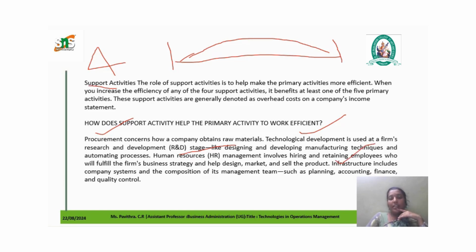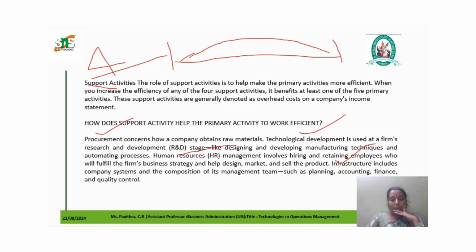These 4 components are termed the support activities of the value chain concept. So how do these 4 activities help the primary activities to work more smoothly and efficiently?